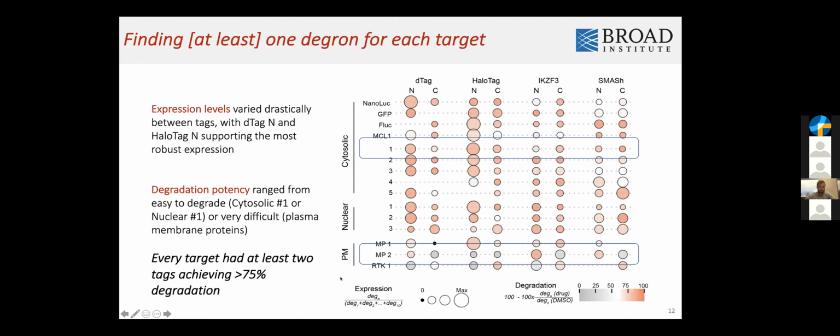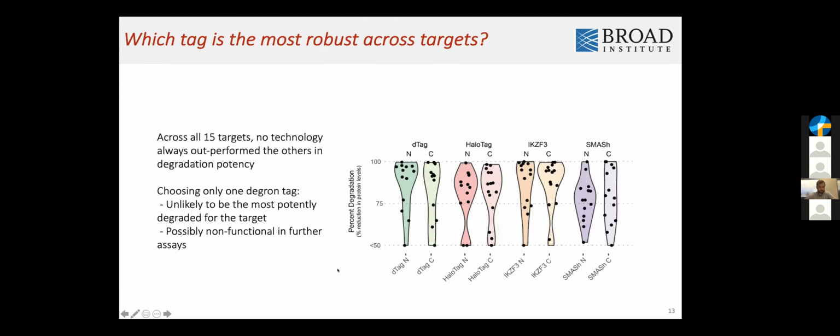So how did the different technologies stack up against each other? Here I'm comparing the degradation potency on the y-axis, binned by each degradation technology, where each dot is an individual target. And what we generally see is that there was no technology that really consistently outperformed all others.